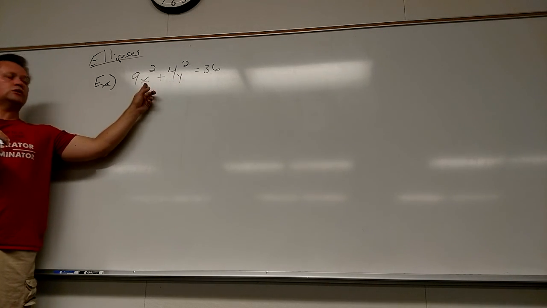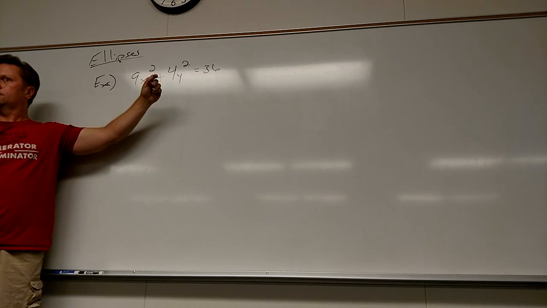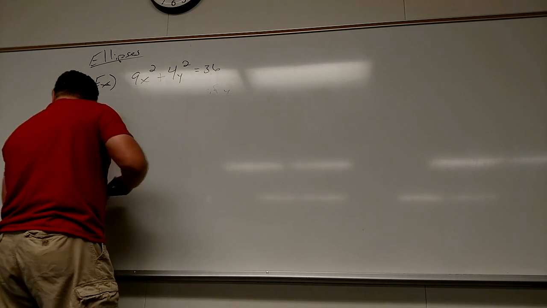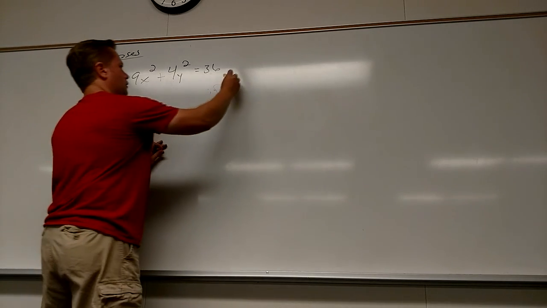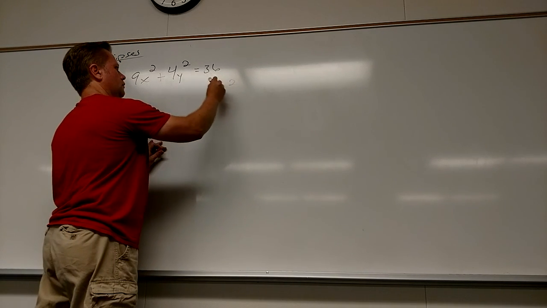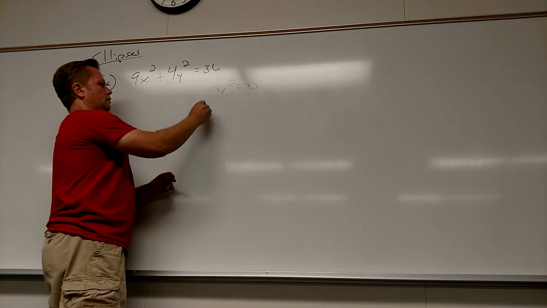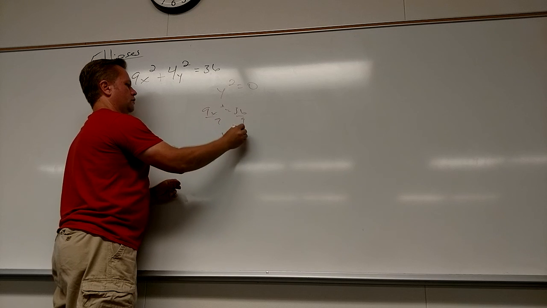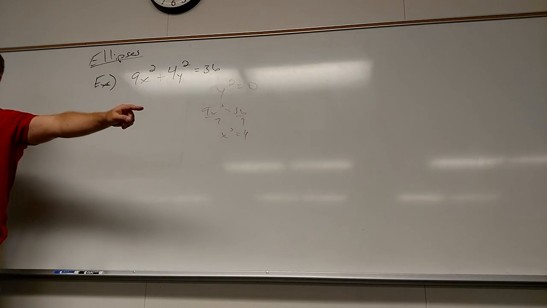So the biggest x squared could be is when y squared is 0. So if y squared is 0, what's x squared? What's x squared got to be? x squared is going to be 4. I like it. And then it would be 2, negative 2.